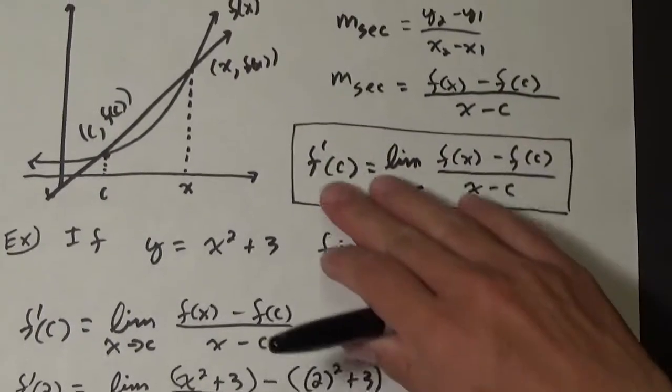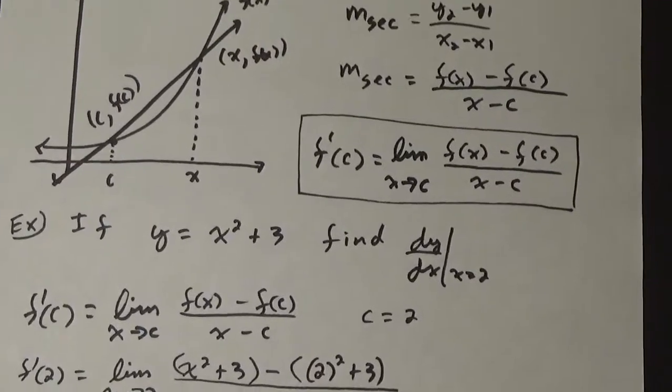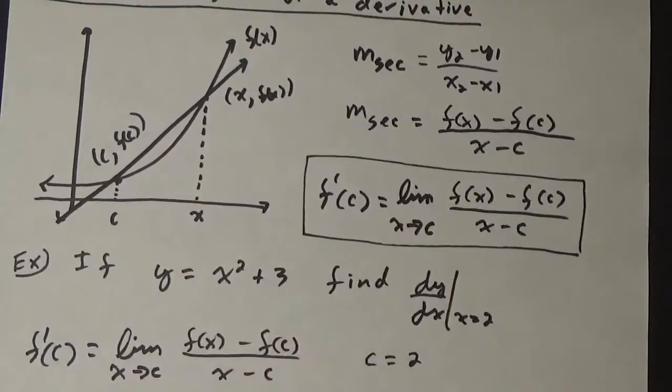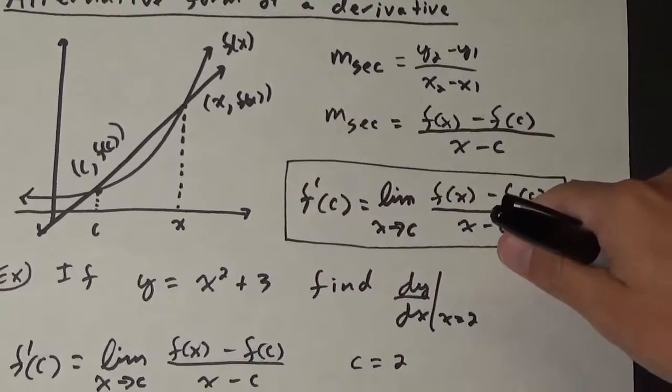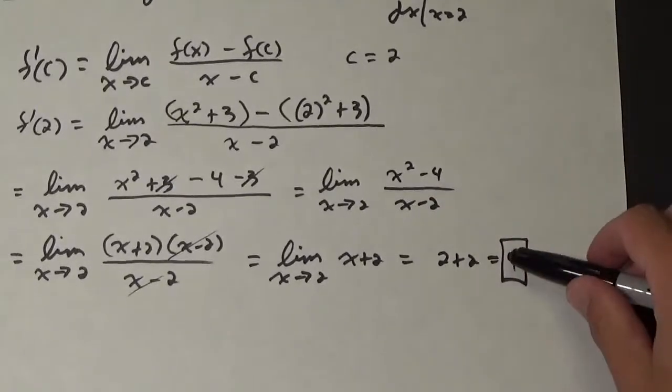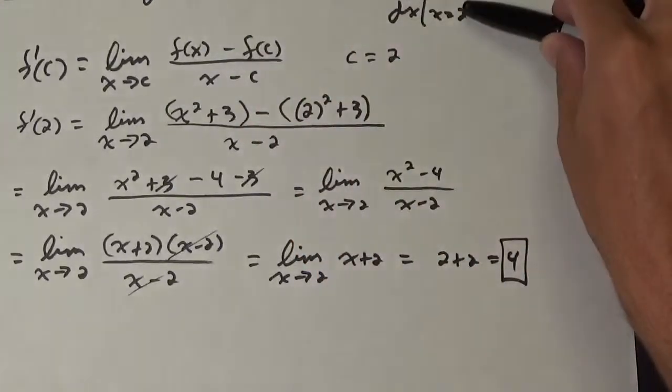So this is a nice little alternative form of the derivative. As I said before, we don't really use this particular form very much. And the reason is because if you notice, we had to evaluate this at 2.